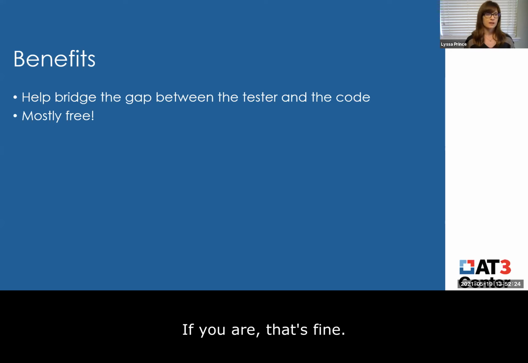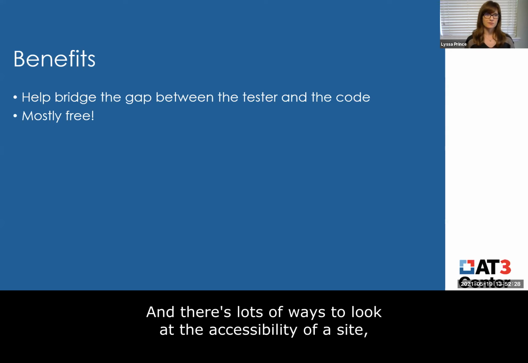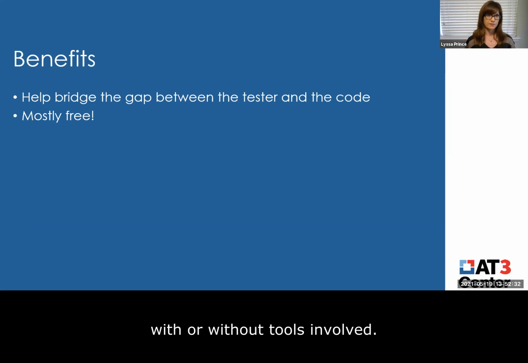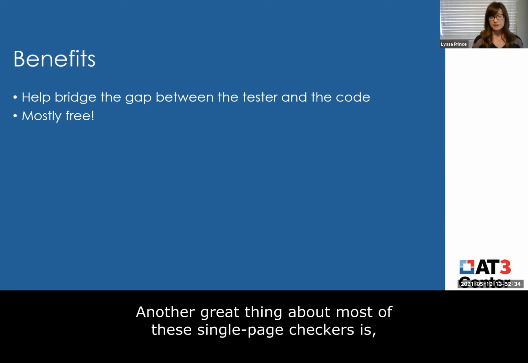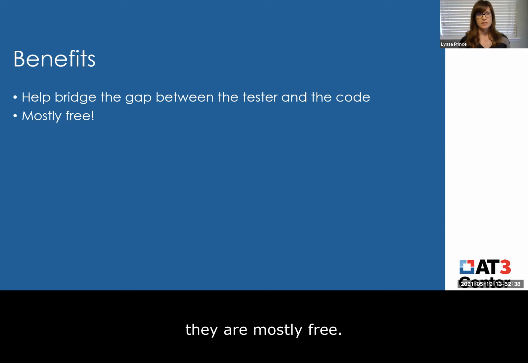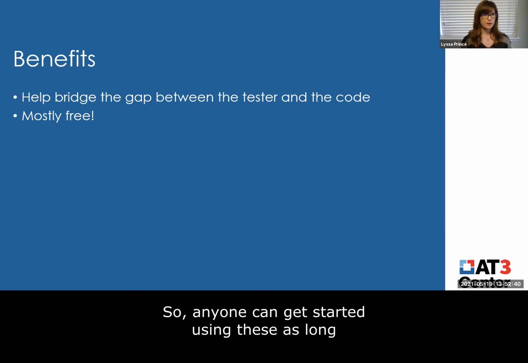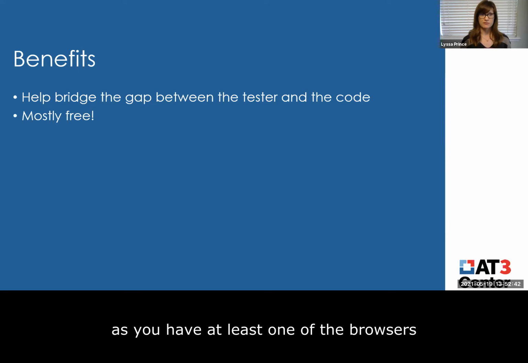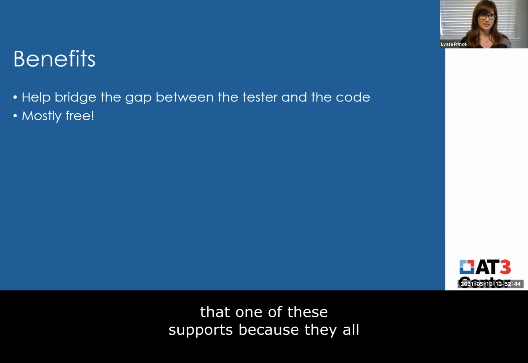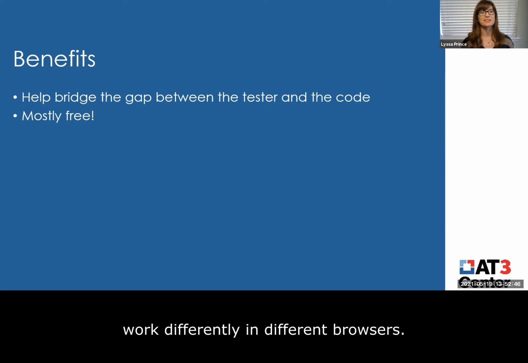If you are, that's totally fine. And there are lots of ways to look at the accessibility of a site with or without tools involved. Another great thing about most of these single page checkers is that they are mostly free. So anyone can get started using these as long as you have at least one of the browsers that one of these supports, because they all work differently in different browsers.